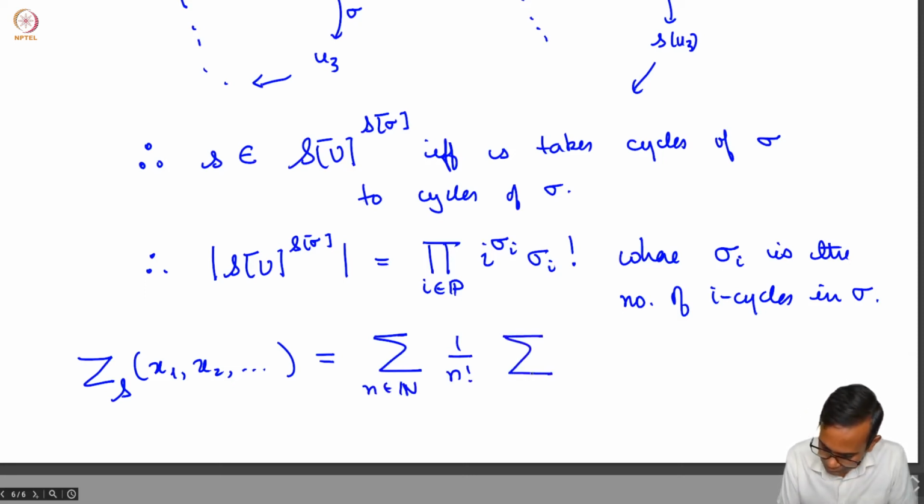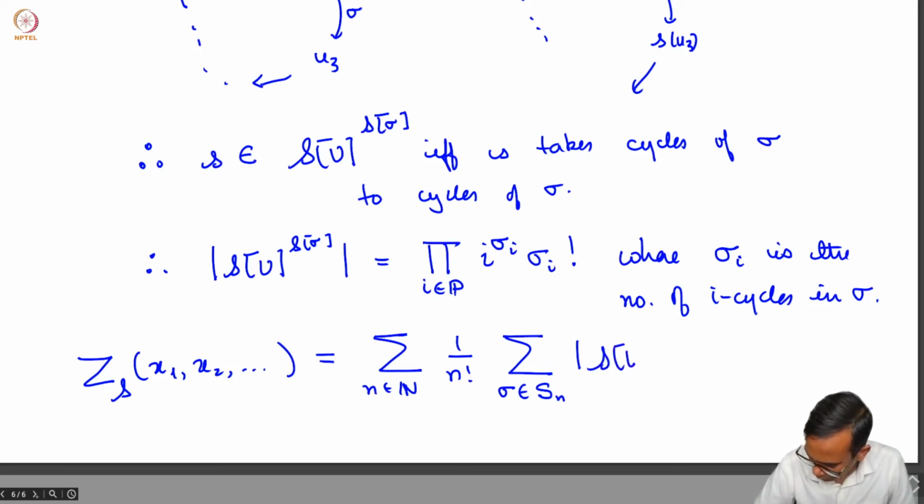Okay, so let's just write down first the sum over S[n] of the fixed points of S[sigma], times x1 raised to sigma_1, x2 raised to sigma_2.